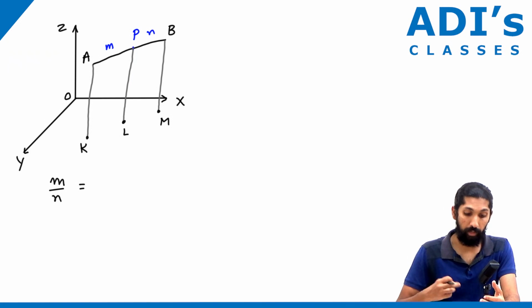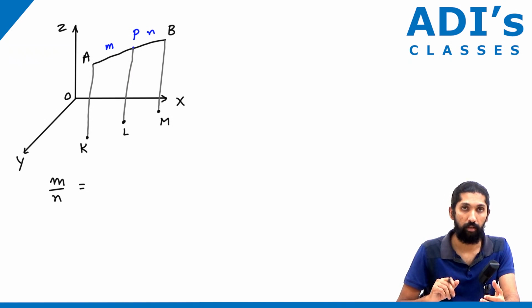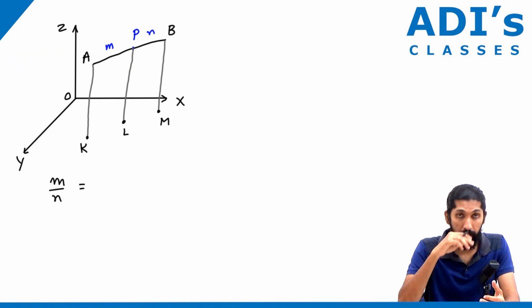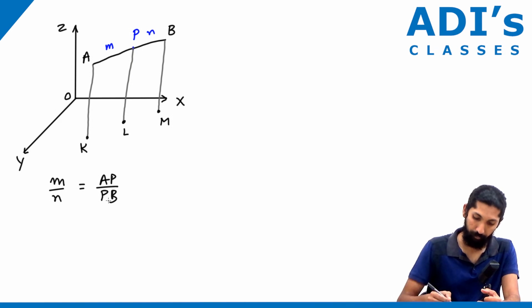Same way we can do for L also, same way we can do for M also, correct? So for all the 3 points K, L and M, we can calculate the coordinates, isn't it? Now what you have, that m by n ratio, we can write this as AP divided by PB.